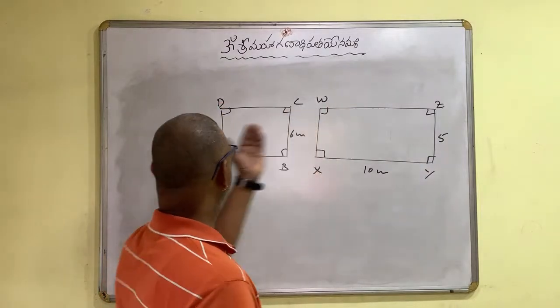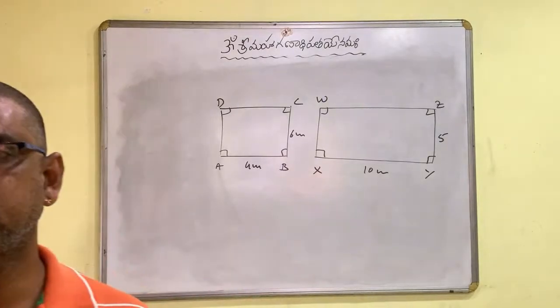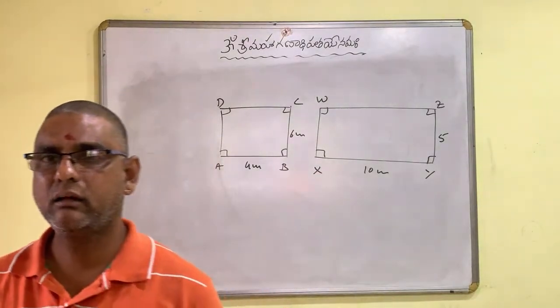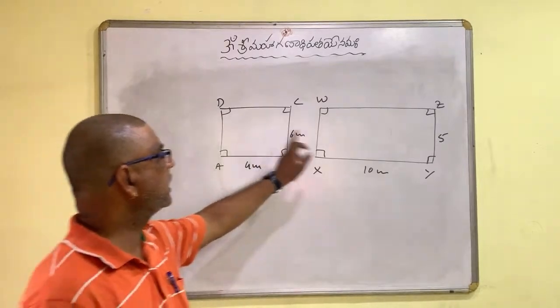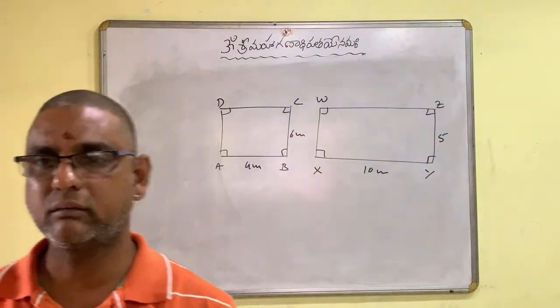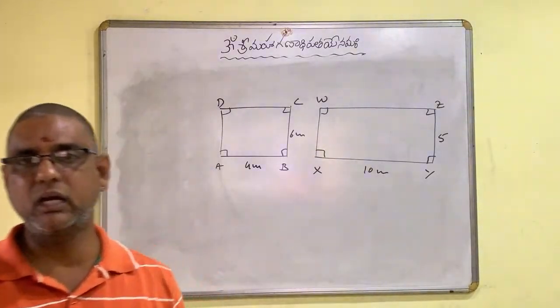The ratios are not equal. So these two rectangles are not similar.